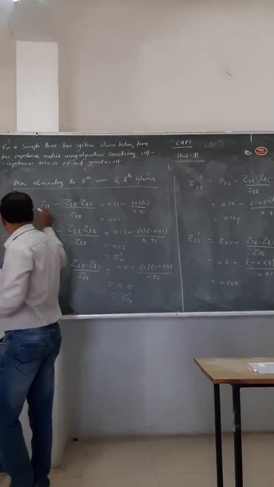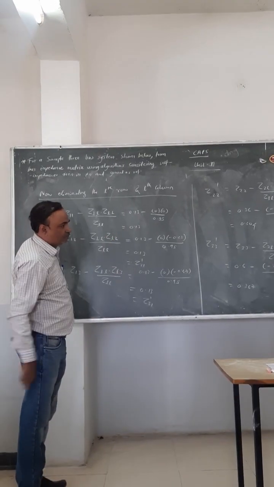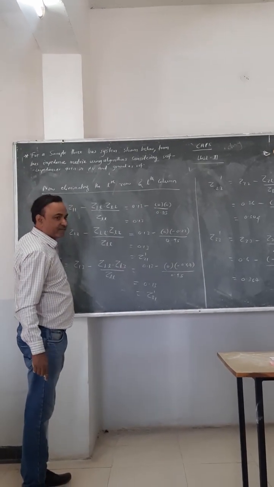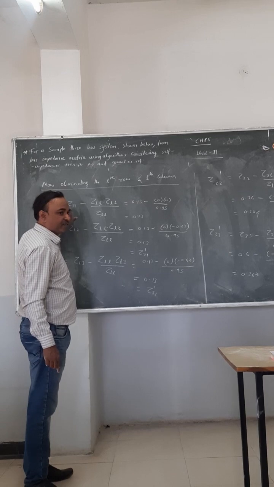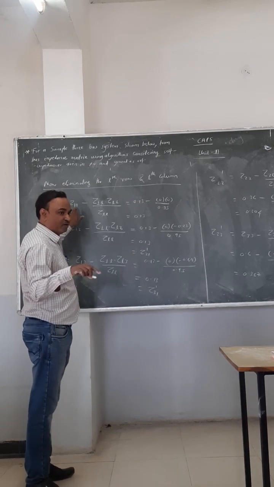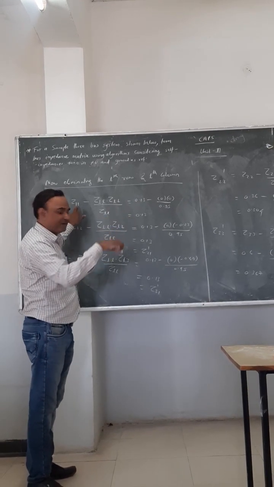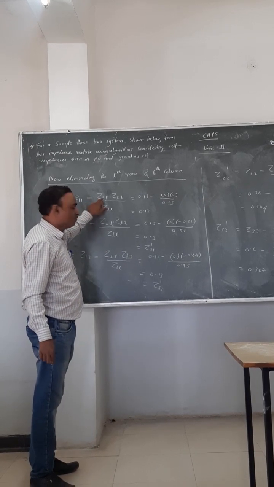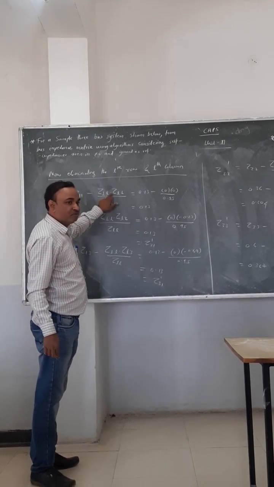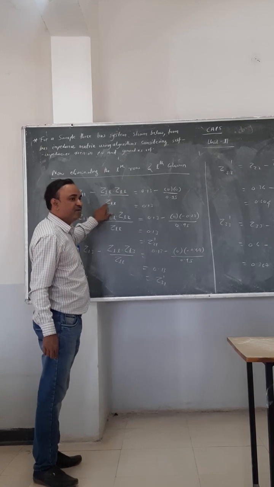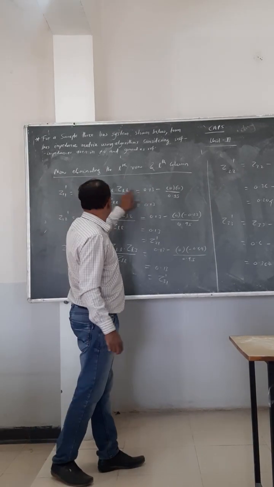So we can see here that the first new value is calculated as Z11 dash, and that is equal to Z11 old, old value we have taken from that matrix, minus Z1L into ZL1 upon ZLL.